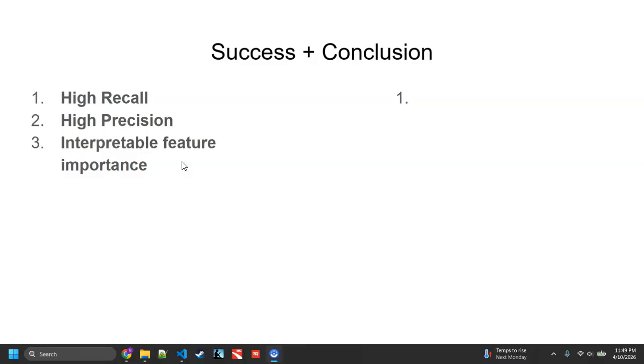Together, they're going to create a much more complete detection strategy. In the end, the goal of this project is to demonstrate how machine learning can improve both the scalability and effectiveness of identity security monitoring, while also maintaining transparency and practical usability for real-world IAM systems.